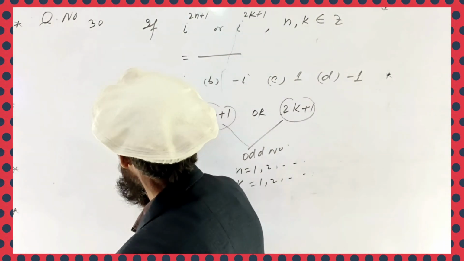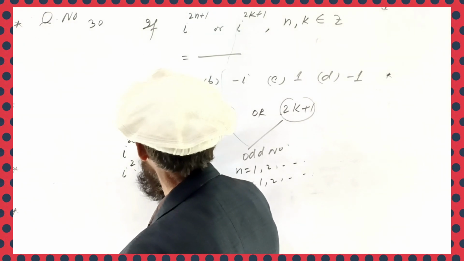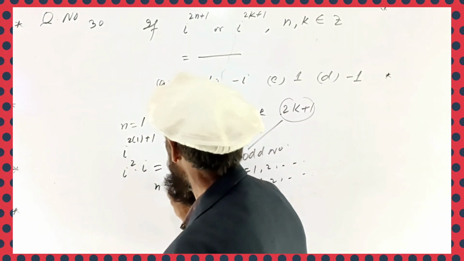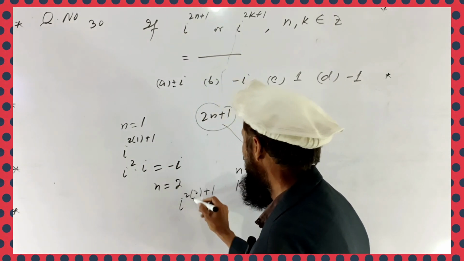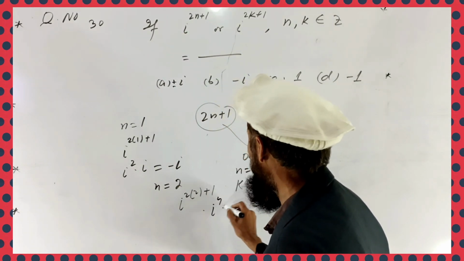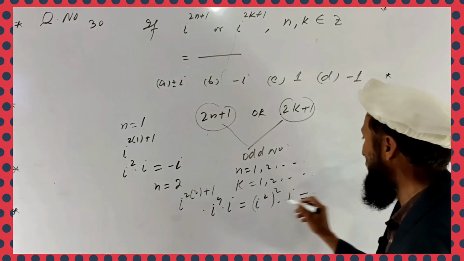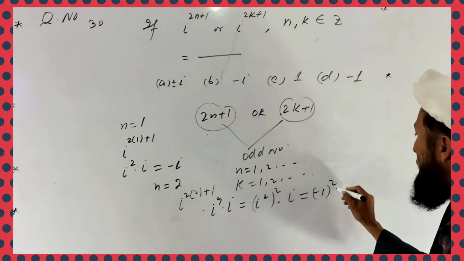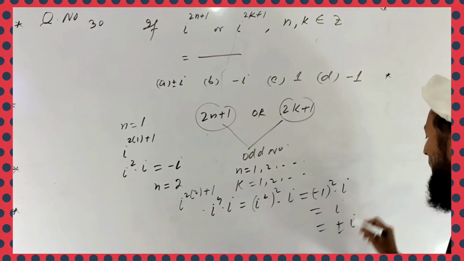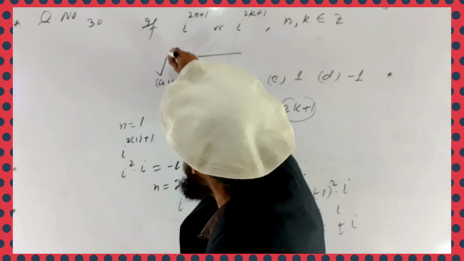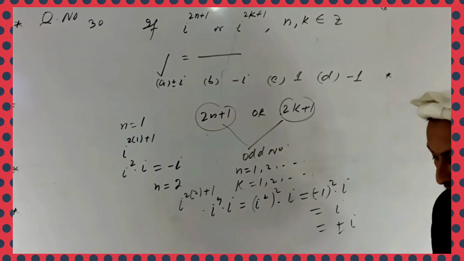Similarly, if we put n equal to 2, the result will be iota to the power 2 into 2 plus 1, so iota to the power 5, which gives iota. It means plus minus iota, so D is the correct answer, because 2n plus 1 is an odd number.